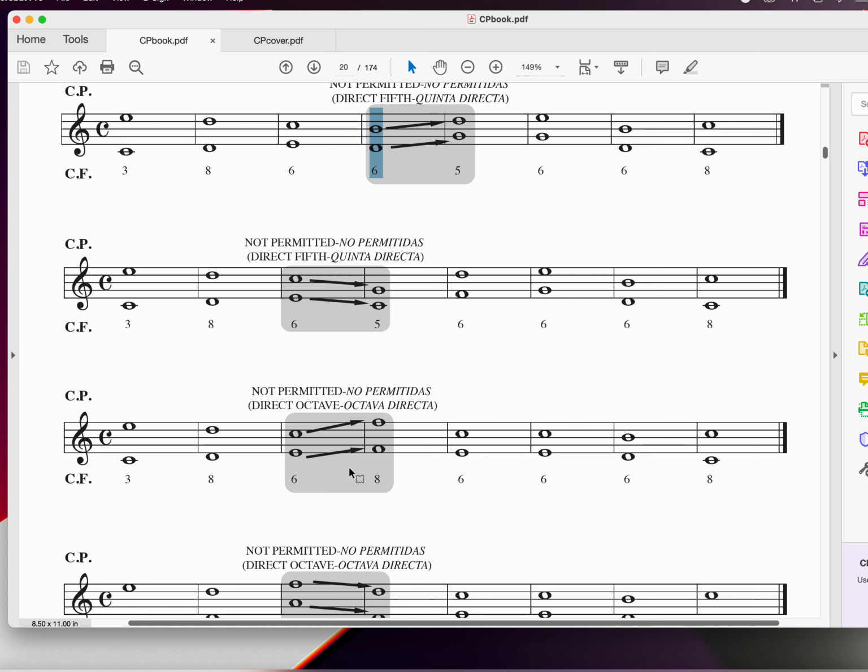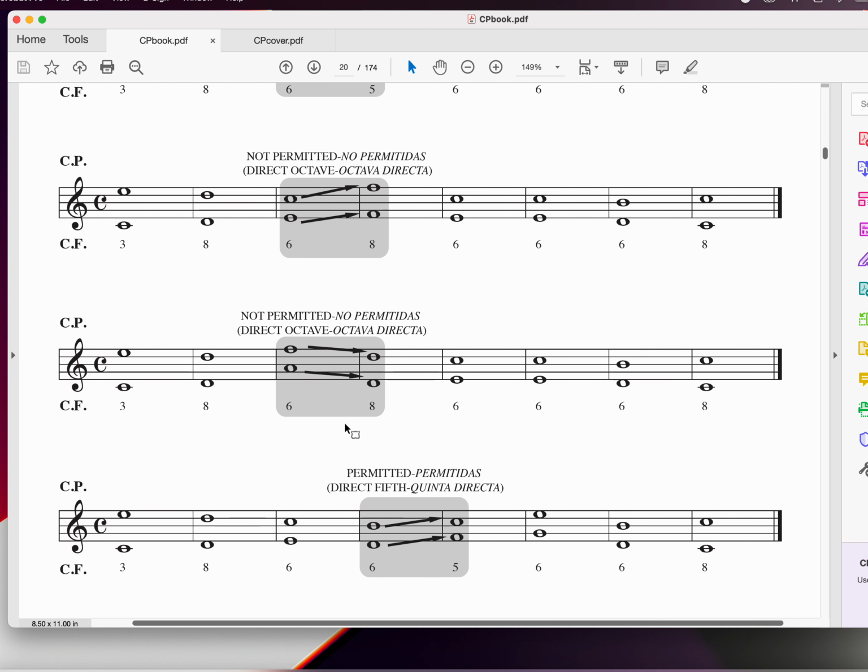It's called direct fifth, direct octave, or parallel fifths, or parallel octaves. And in this other example, we have a sixth that makes a parallel movement to the octave, which is not permitted.